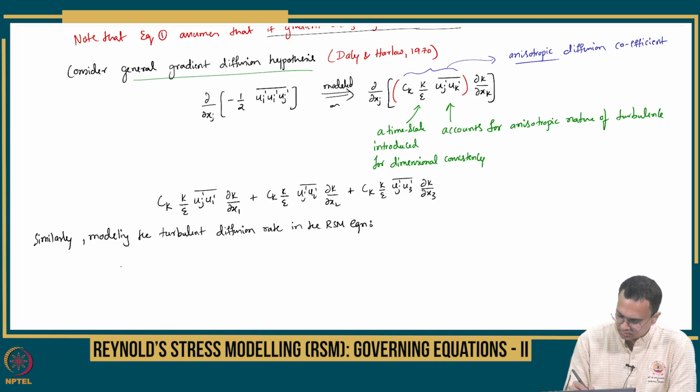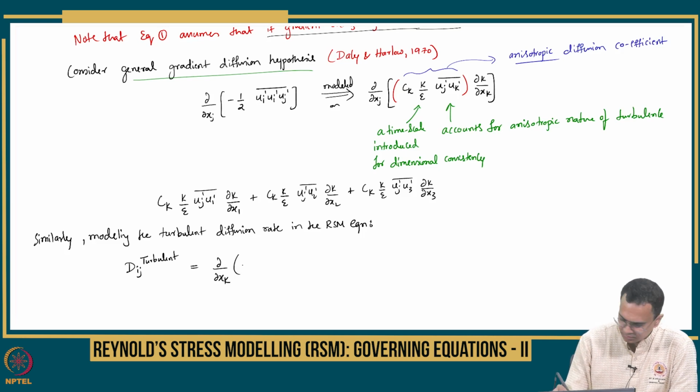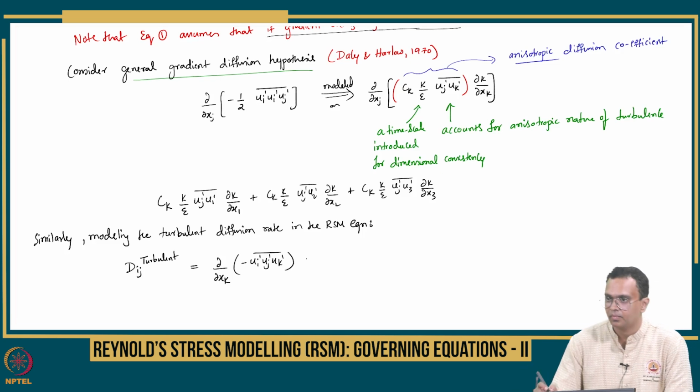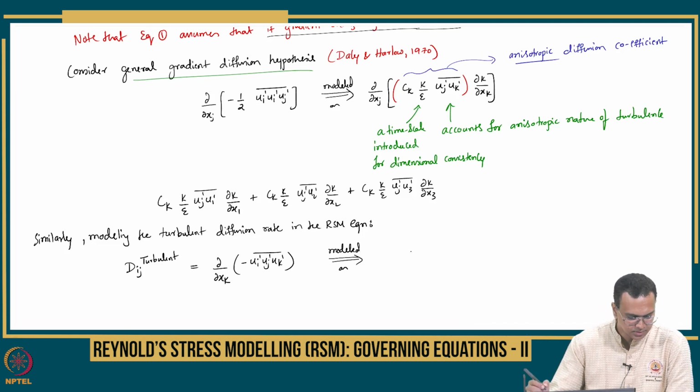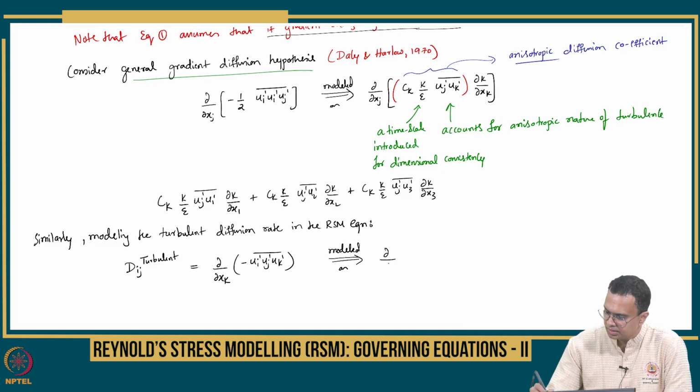So we can say that the dij term here, not the dk, dij, let us say T, the turbulent component, is essentially dou by dou xk of minus ui prime uj prime uk prime, the 27 unknowns. This is now being modeled analogous to what we did here, the general gradient diffusion hypothesis.